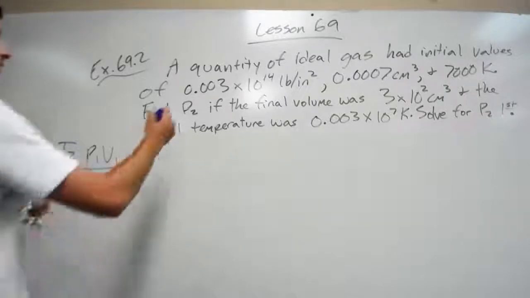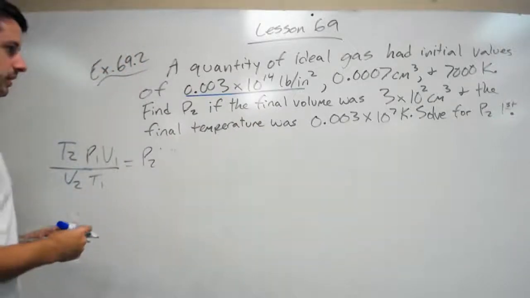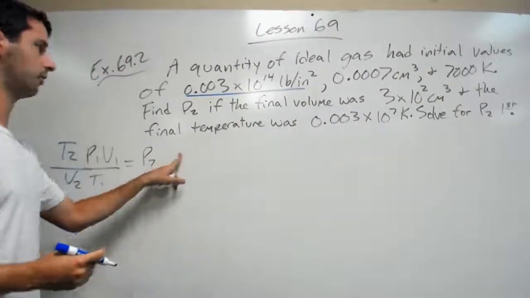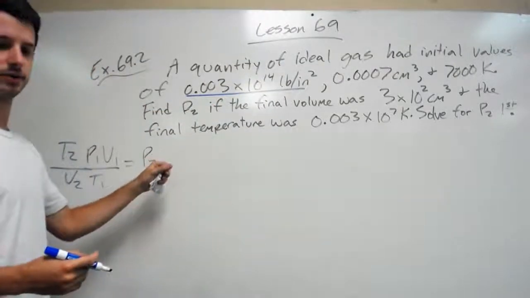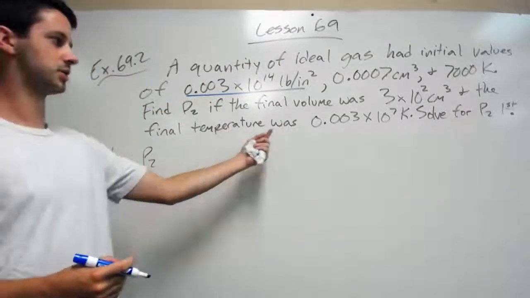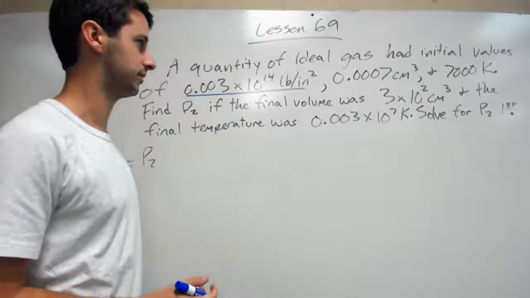Okay, so which one is this? Is this pressure, volume, or temperature? If you don't know your measurements and which one it would fall under, you can look at other keywords. It says temperature was this in Kelvins, so we know it's temperature.